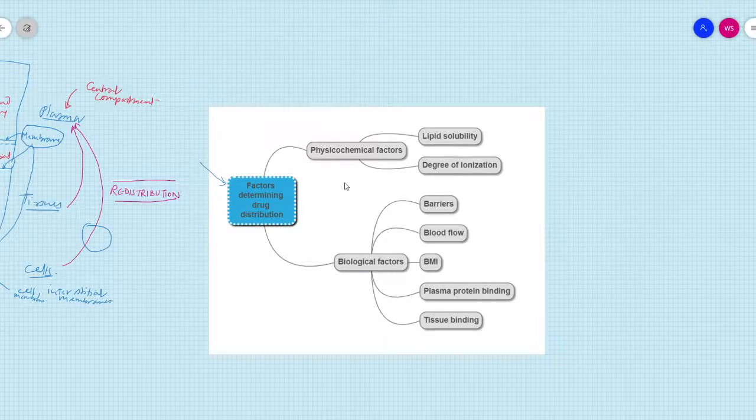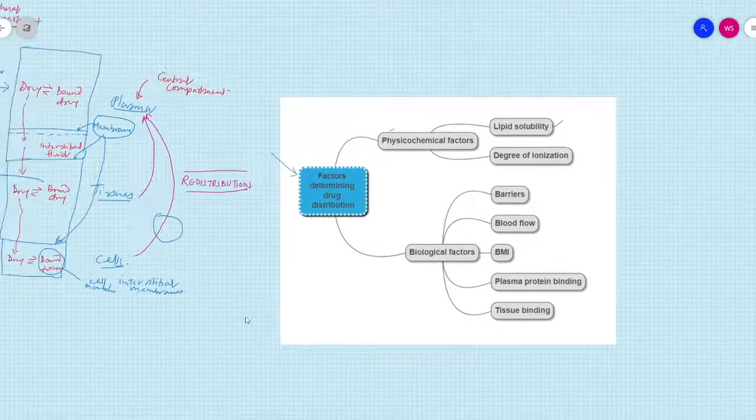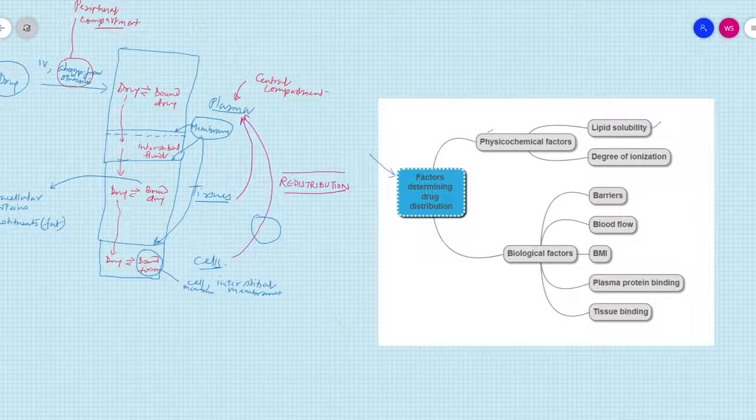They can be broadly classified as physicochemical factors, and among physicochemical factors, the most important ones are lipid solubility and the degree of ionization. Now, we said that for the drug to reach different compartments, it needs to cross the membranes. Okay, so for crossing membranes, the most important determinants are lipid solubility and the degree of ionization.